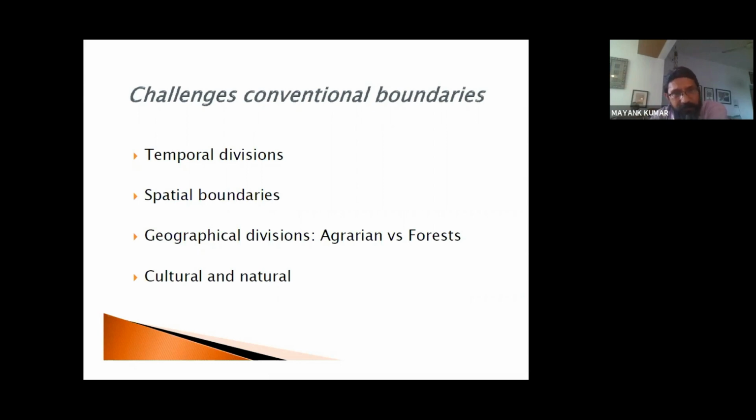Rajan further argues that this facility of purchasing firearms was used by our nationalists and revolutionary activists, who started purchasing firearms from this place and using them for political purposes at other places. So environment was being negotiated, but it was also providing us glimpses of political negotiations at different levels. That is what I'm saying, that these conventional boundaries are not tenable when we move into the terrain of environmental history.